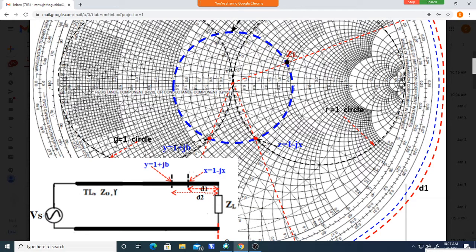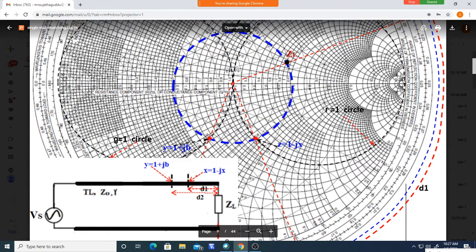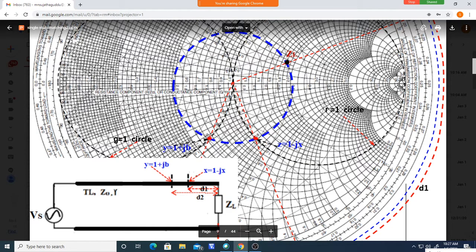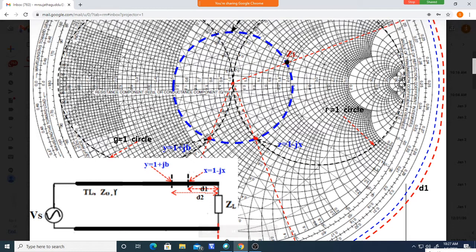Admittance is 1 plus or minus jB, it may be. In this case, it is plus jB. So you move like this. At some position the admittance is like this. Again, at what distance this is from the load, you can measure from here. Starting from here we move like this, that means from the load on the VSWR circle you moved, and here we found the G equal to 1 circle.